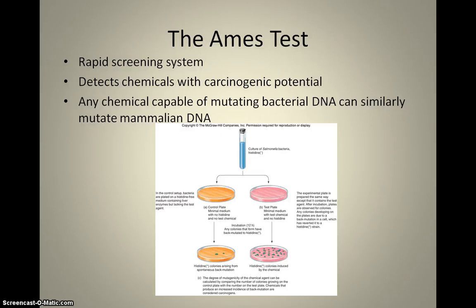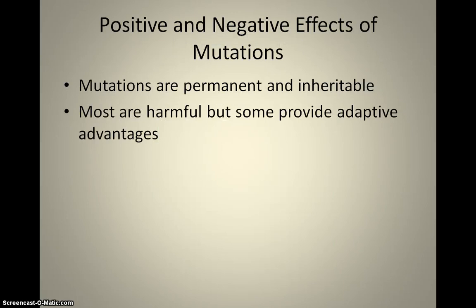So we can perform what's called an Ames test by exposing bacteria to chemicals to see if it mutates or is a carcinogen, and then assume that that would also mutate mammalian or human DNA. So the Ames test is a way of screening different chemicals to determine whether it would mutate DNA and be potentially hazardous to us.